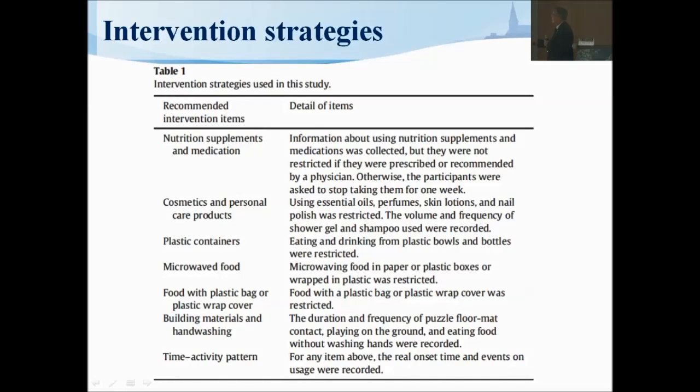The second is cosmetic and personal care products. Using essential oil, perfume, skin lotion, and nail polish were restricted, and the volume and frequency of shower gel and shampoo used were recorded. And the third is plastic containers. Eating and drinking from plastic bowls or bottles were restricted.